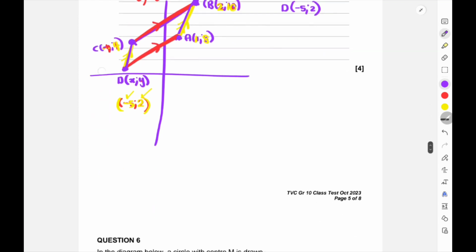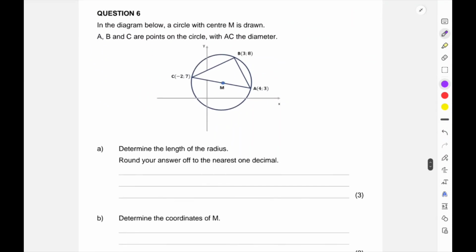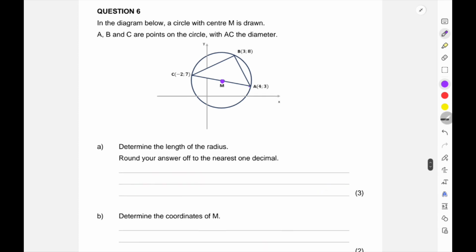Both ways work. Okay. Then question 6, it says, in the diagram below, a circle with center M, so very important, that's the midpoint, is drawn. A, B, C are points on the circle with AC as the diameter. Determine the length of the radius, so MA. Round your answer off to the nearest 1 decimal.